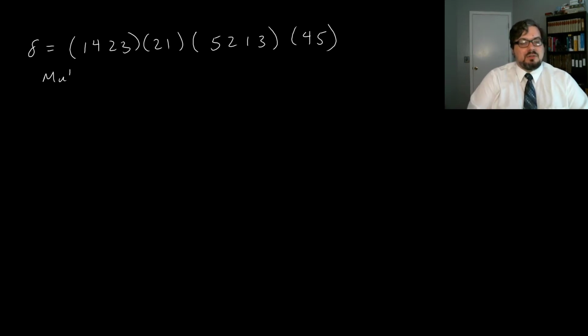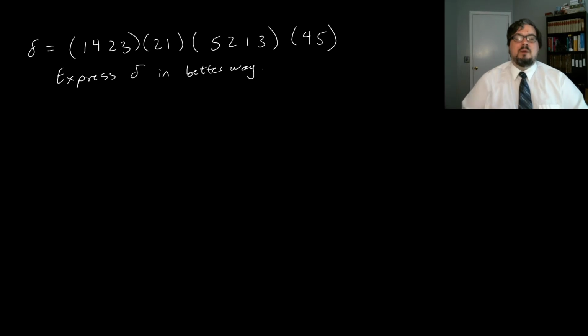And we want to express delta in a better way. In a moment, we'll have a definition for what we mean by better way. But for the moment, I want to try and figure out how we can express delta using as few cycles as possible.